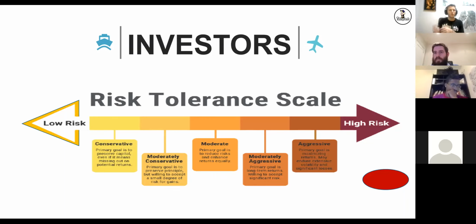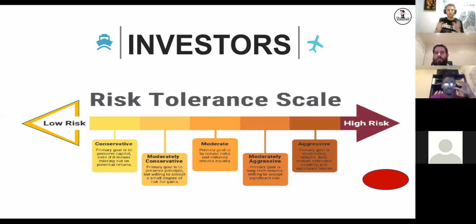You are risking more of your capital, and there's a higher chance of you actually losing your money. Whereas on the safe side, if you're risk averse, your main objective is to protect your capital. You don't want to take that risk, especially if you're nearing retirement and putting 80% of your money, let's say, in a high growth stock like Tesla. Because if there's a turn in the market, then you could find yourself in serious trouble.